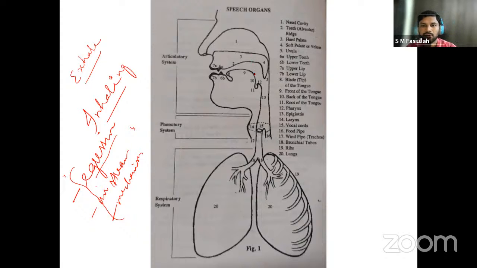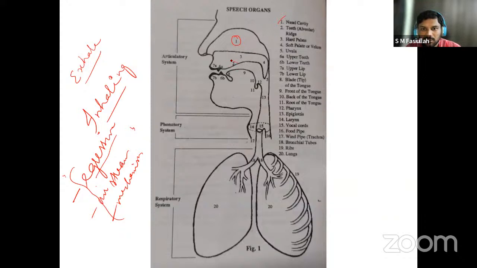Now there are numbers marked here. If you look at number 1, what is it called? Nasal cavity. So the nose is basically an organ, but within that you have the nasal cavity.